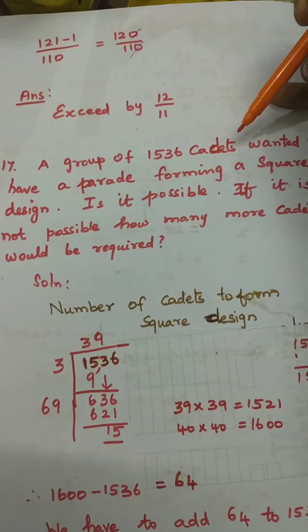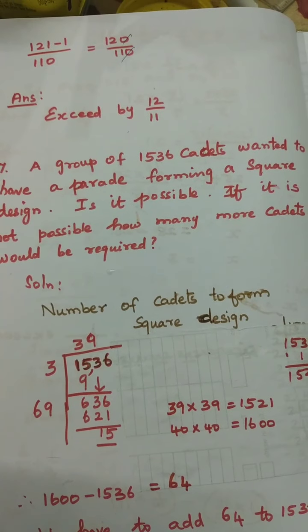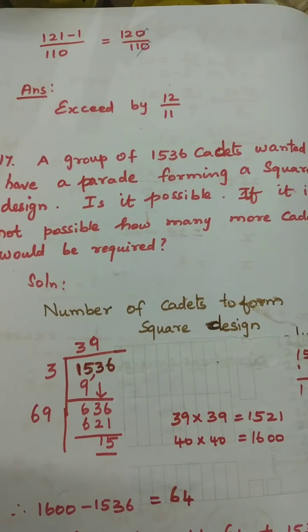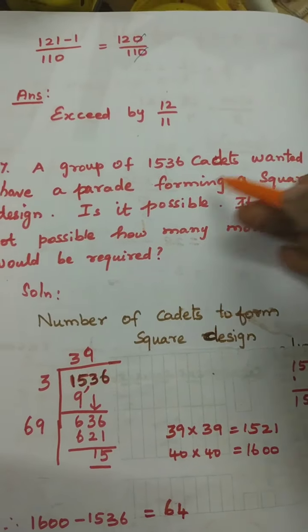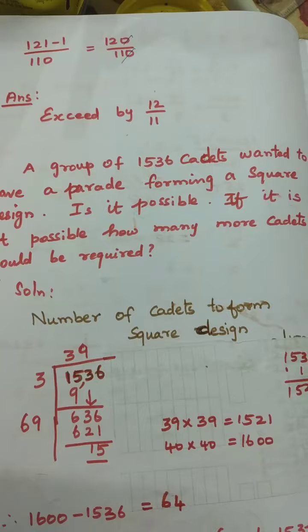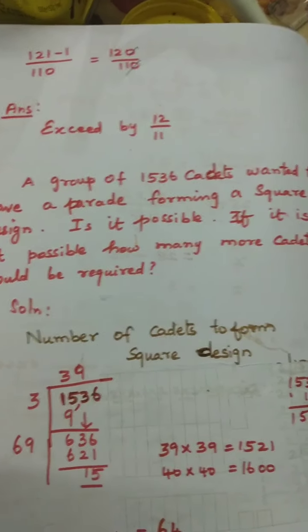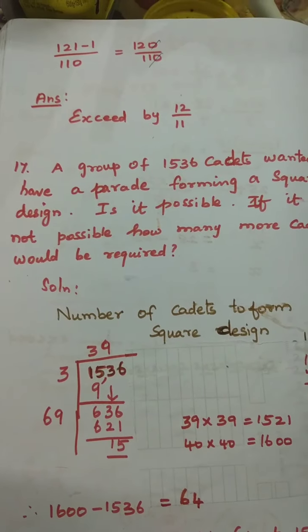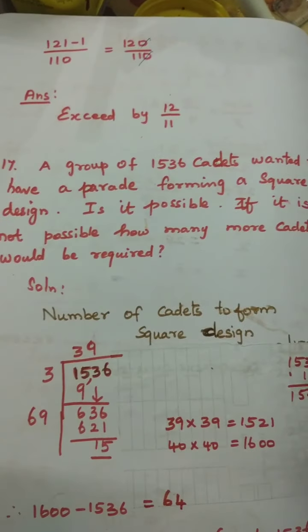Cadets means military soldiers, like that. They are 1536 members. They have to form a square design. You have to check whether it is possible. If it is not possible, you have to say how many more cadets are needed to form the square design.